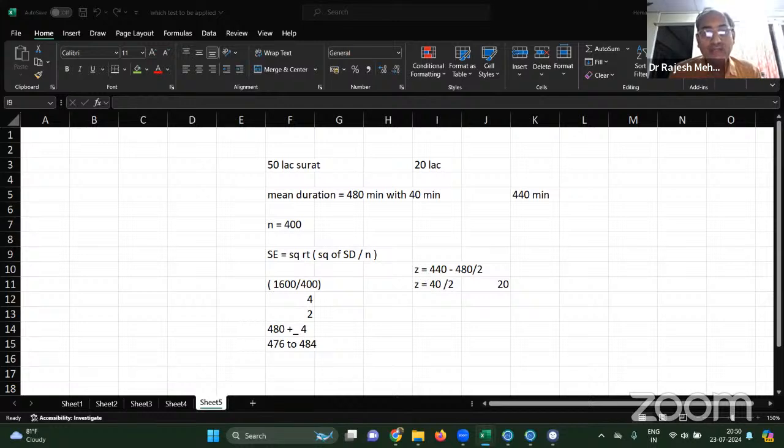And I want to find out how many percent of the people in Bombay work between 12 hours to 13 hours. Find out this.